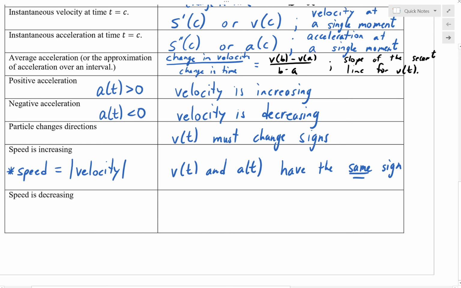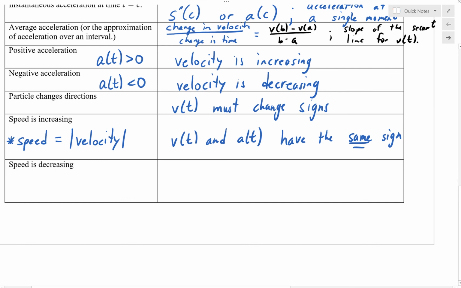If velocity and acceleration at a certain point have the same sign, that tells us the speed of the particle is increasing at that moment in time. And speed is going to decrease if v of t and a of t have different signs.